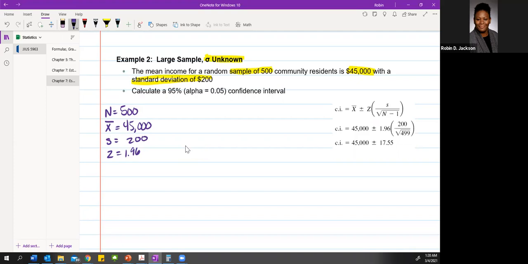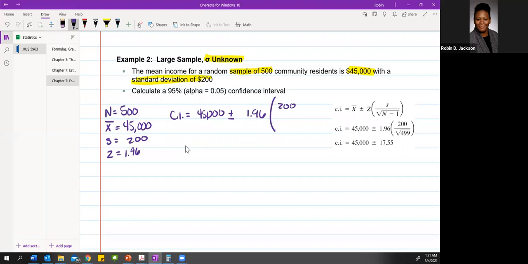All right, so let's write out our problem. CI is equal to our mean, in this case 45,000, plus or minus 1.96, multiplied by the sample standard deviation, which is 200.